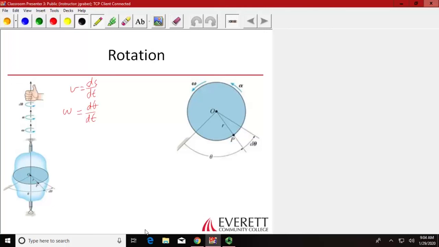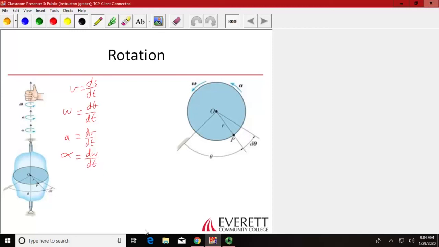In rotation, omega is equal to the rate of change of angle, the rate of change of theta. Okay? Another one, acceleration equals dv/dt. Alpha, angular acceleration, is equal to d omega/dt. That's our second kinematic equation for rotation.